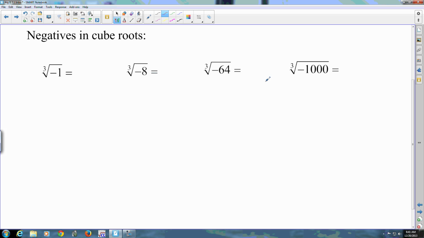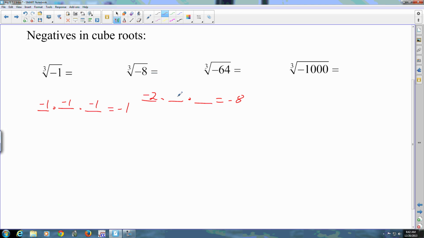Why does that matter for what we're doing? An odd root is looking for the number of times that you're multiplying to get this thing inside. So I need what times itself 3 times is -1. Well, that's -1 times -1 times -1 is -1. This is looking for what times itself 3 times is -8.